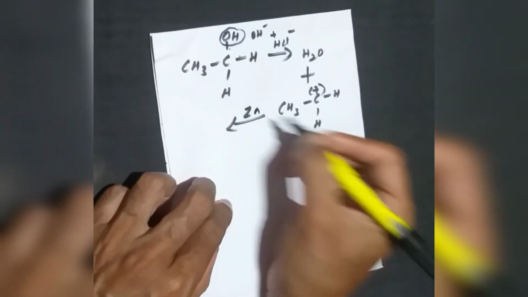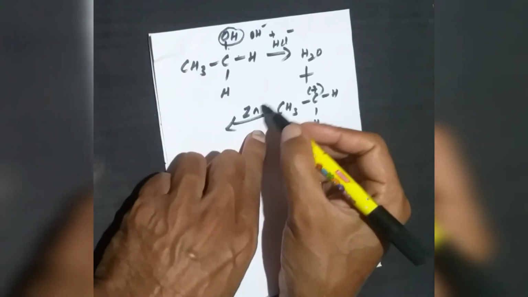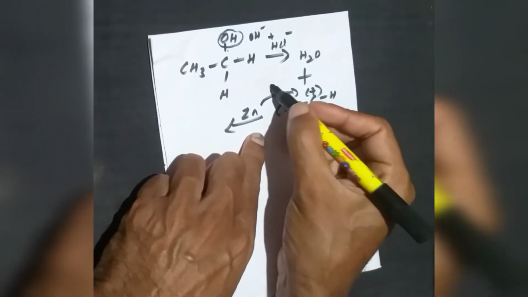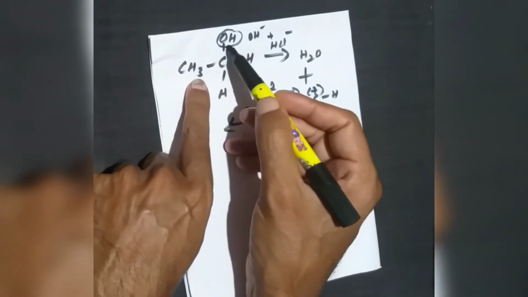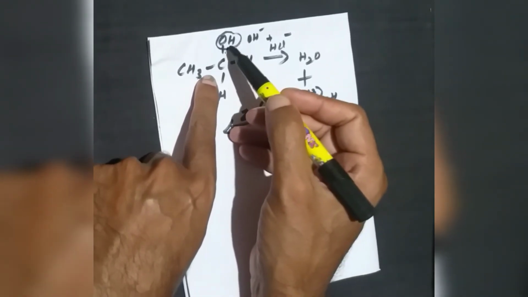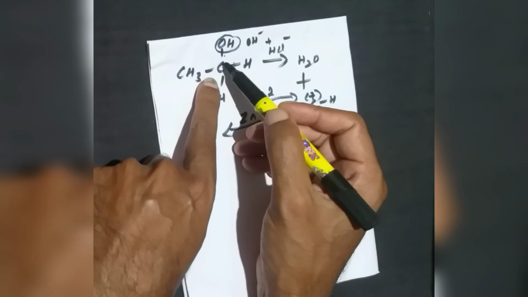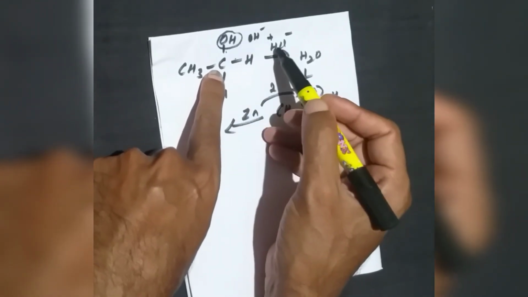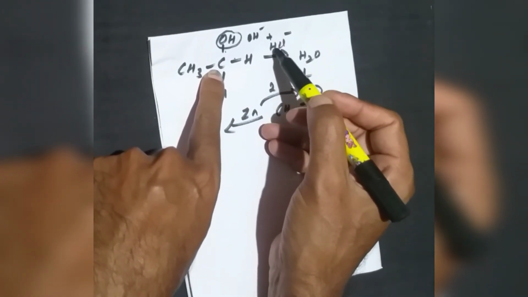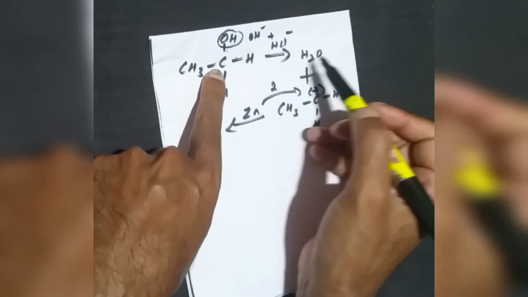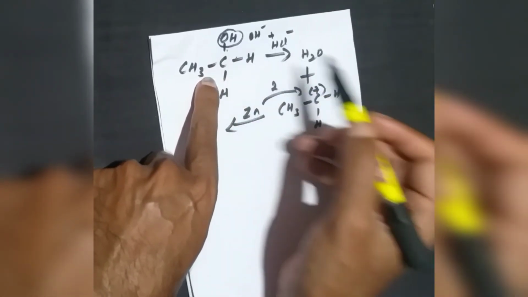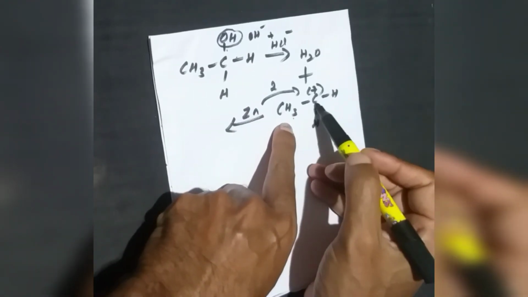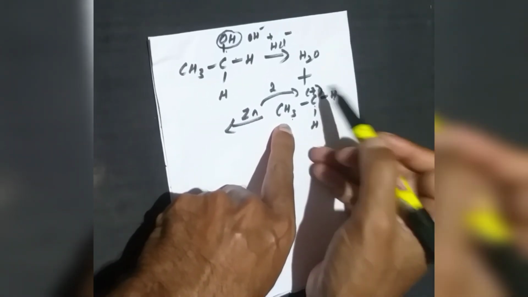Now once again the zinc will come into action. As I told you, it will donate the 2 electrons to this carbon. Last we saw the structure CH3, C, OH, H and H. This OH will go out as a base, taking an electron from the carbon, and it will attack the H plus and form the water molecule. Once the OH is out, the carbon loses the electron, so it becomes positive: CH3, C, H and H, carbon with a positive sign.